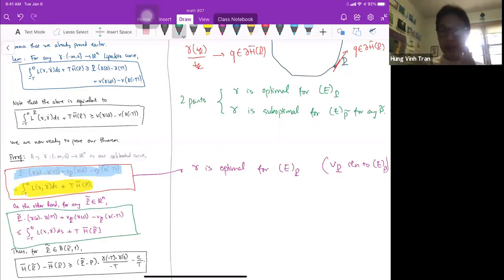Suboptimal means we always have that the action functional is greater than or equal to the difference of values of that, because gamma is a nice enough curve. In fact, it's C^k here. So this one is just that gamma is suboptimal for EP tilde, for any p tilde.